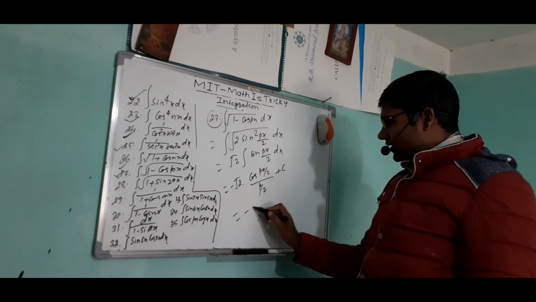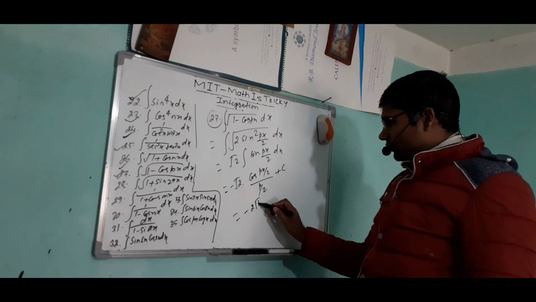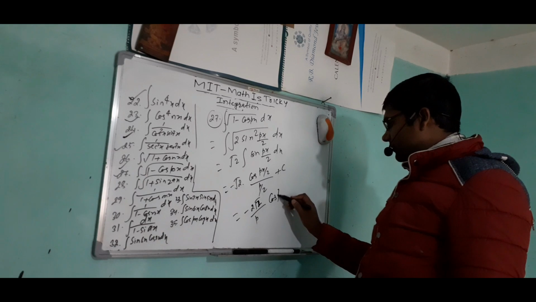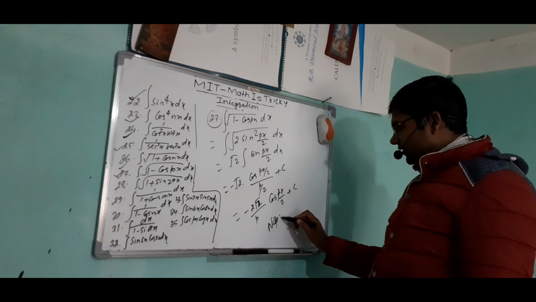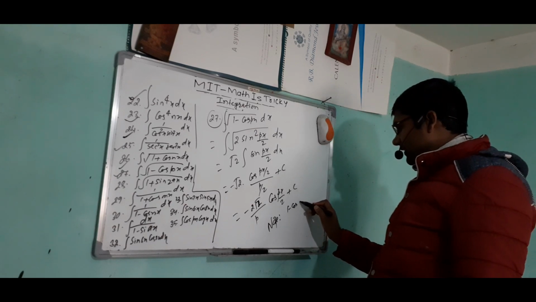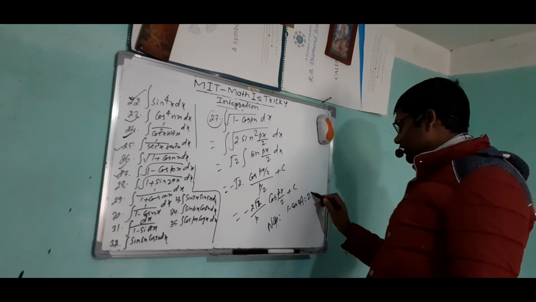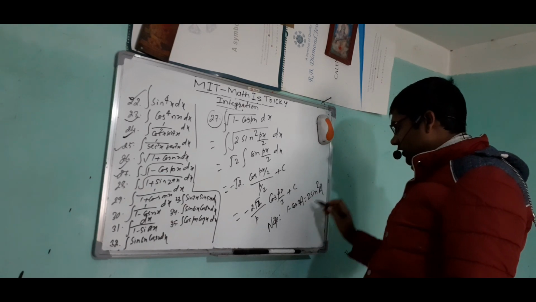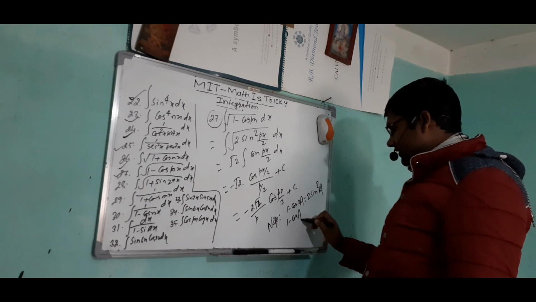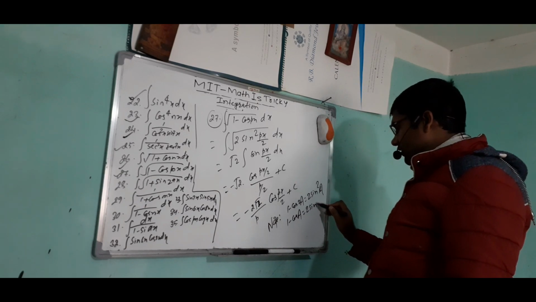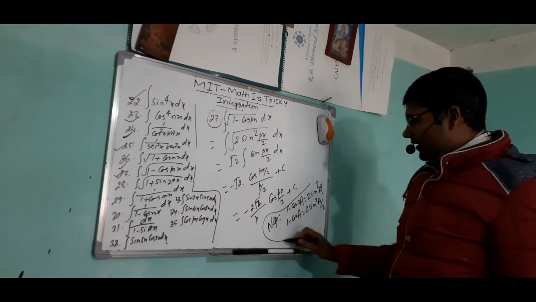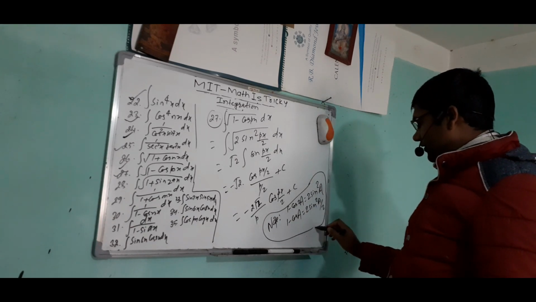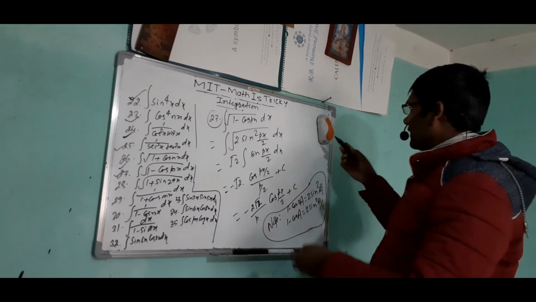So it is going to be minus 2 root 2 by p cos px by 2 plus c. Note here I have used the formula 1 minus cos 2a equals 2 sine square a. Also you can write 1 minus cos a equals 2 sine square a by 2. If you use this formula and simplify, you easily have the answer.